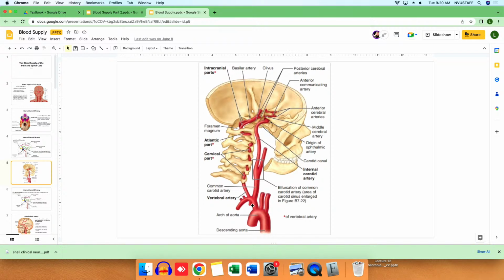So the brachiocephalic trunk, as you can see here, is passing somewhere at the level of the sternoclavicular joint, posterior to it, and somewhere here makes a subdivision into 2 parts. It bifurcates, dividing into the common carotid and subclavian arteries on the right side of the body.